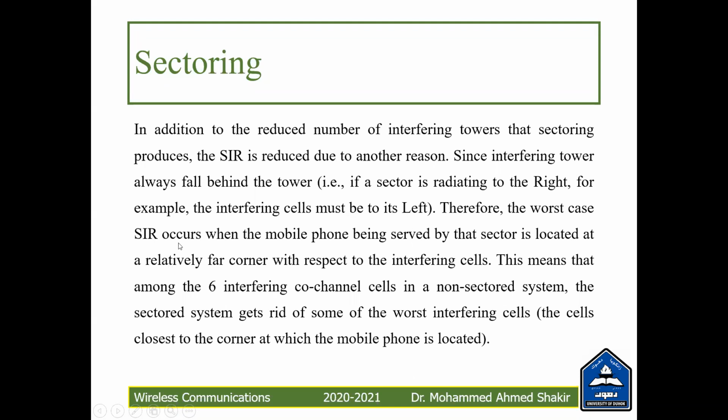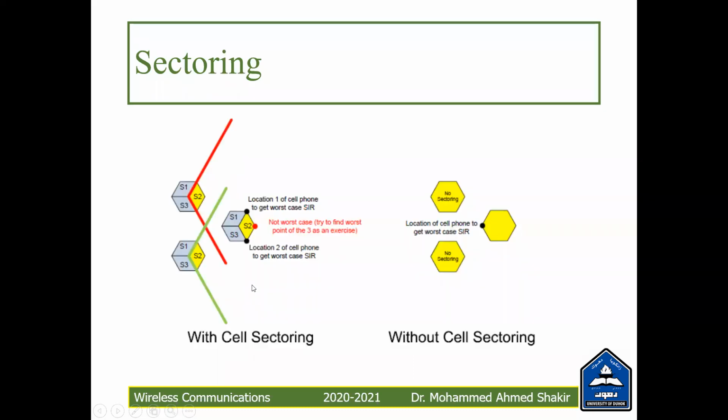Therefore, the worst case SIR occurs when the mobile phone being served by that sector is located at a relatively far corner with respect to the interferer. This means that among 6 interfering co-channel cells in a non-sectored system, the sectored system gets rid of the worst interfering cells, and this enhances the system capacity.